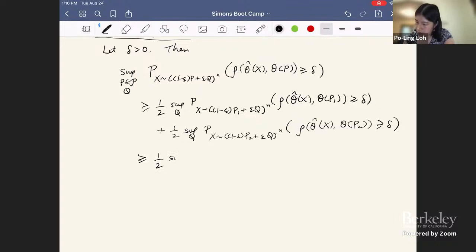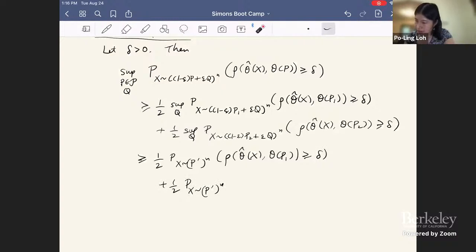So this is bigger than or equal to 1/2 of the probability that X is coming from P prime, rho of theta hat of X, theta of P1 bigger than or equal to delta, plus 1/2 probability that X is coming from, again, P prime, because P prime lived inside the second contamination ball as well, rho of theta hat of X, theta of P2 bigger than or equal to delta. Let's make this a bit clearer.